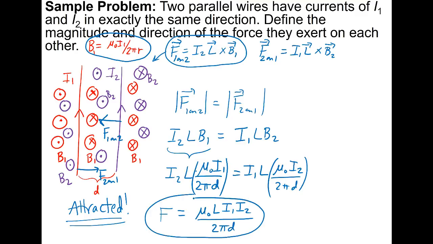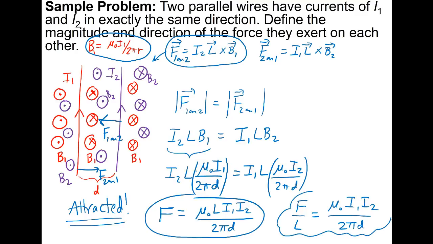That's the magnitude of the force between the two wires. Now sometimes what you'll see is the force per unit length, which is just this, so nothing too exciting. Force per unit length.